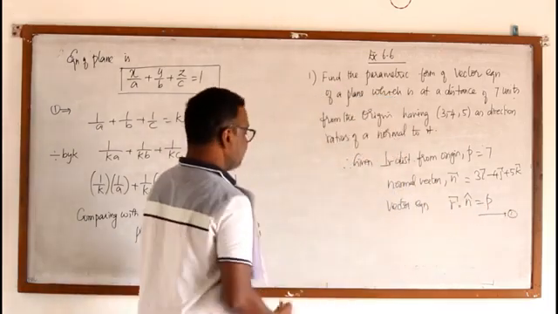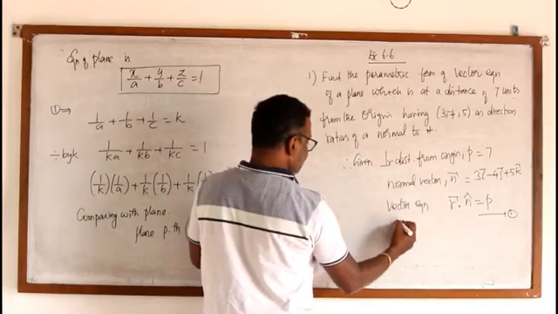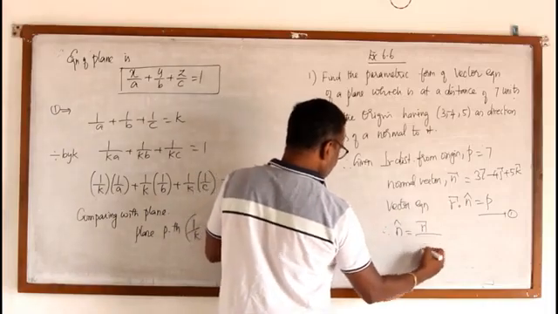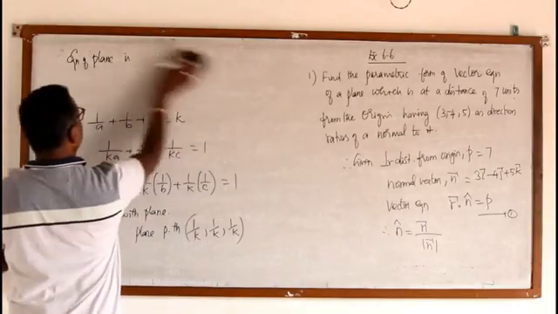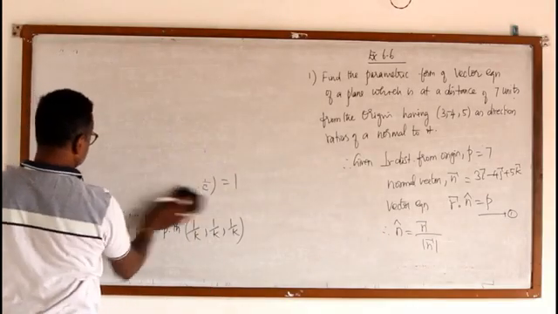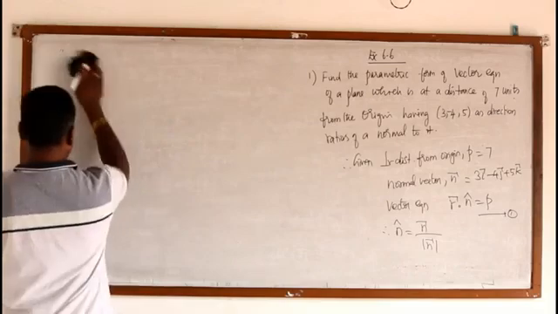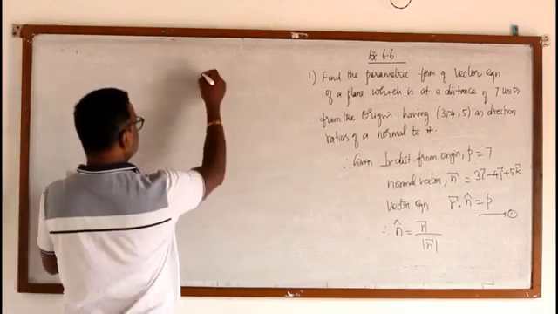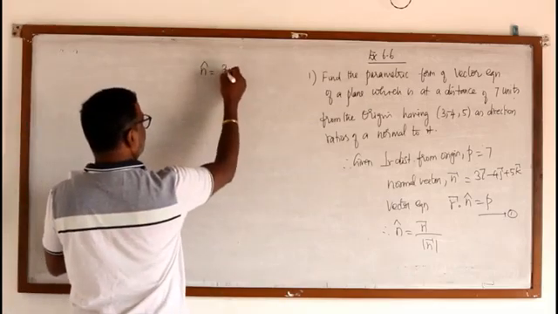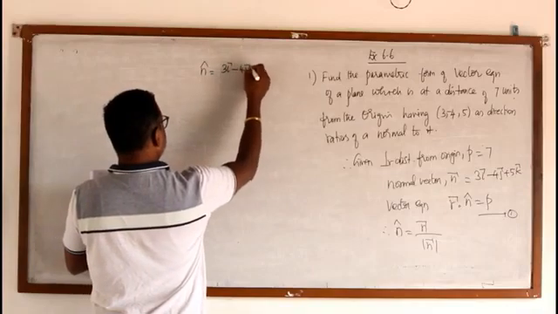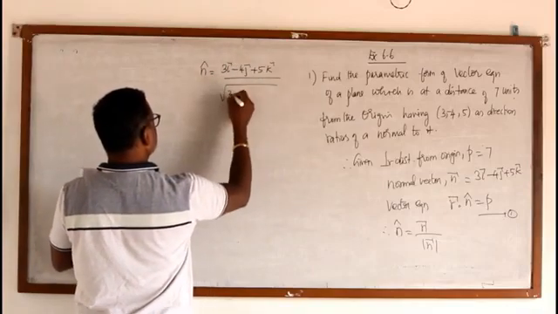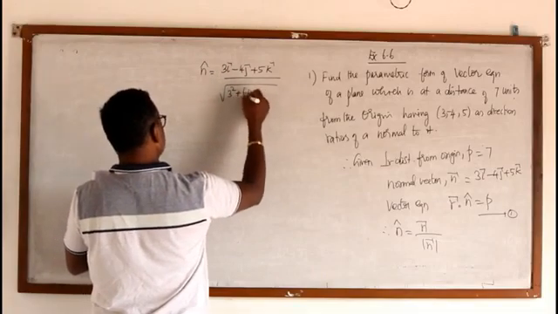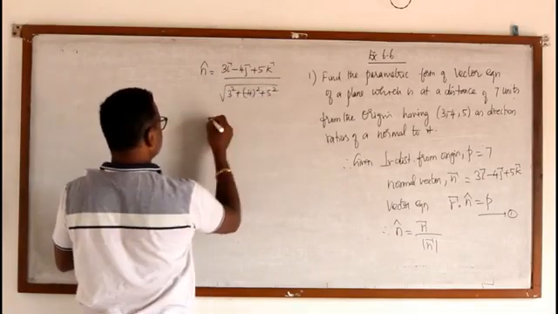First I need n cap. Therefore, n cap is n vector by modulus of n vector. That is, n cap equal to 3i minus 4j plus 5k by root of 3 square plus minus 4 the whole square plus 5 square.